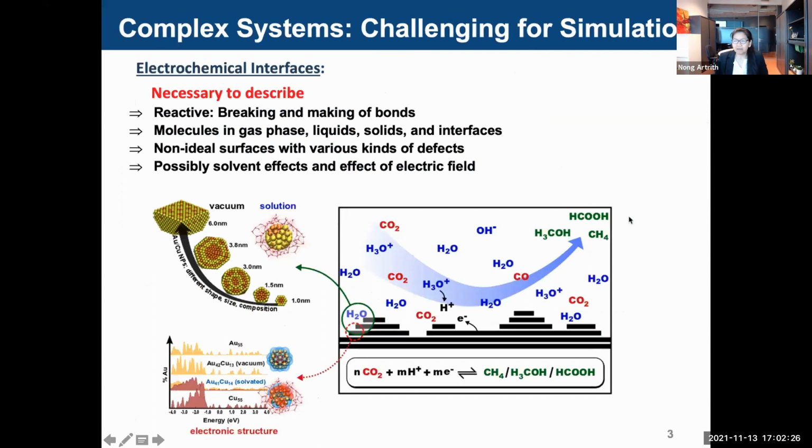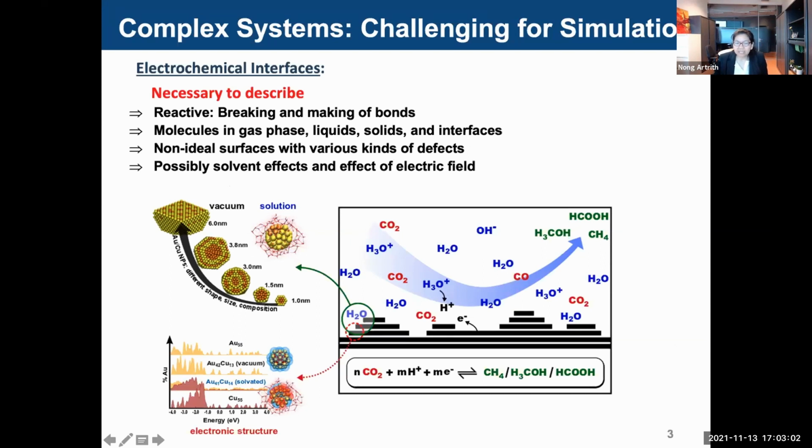As you know, many processes at electrochemical interfaces are really very complex systems. It's really challenging for simulations. So we need energy models that can describe, for example, reactive bond breaking or bond forming, molecules in gaseous, liquid, solid and interface environments, or sometimes non-ideal surfaces with various types of defects, and also include solvent effects or electric fields.